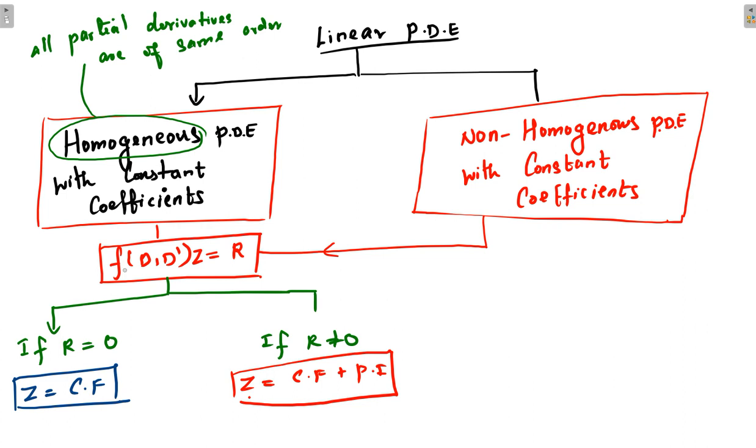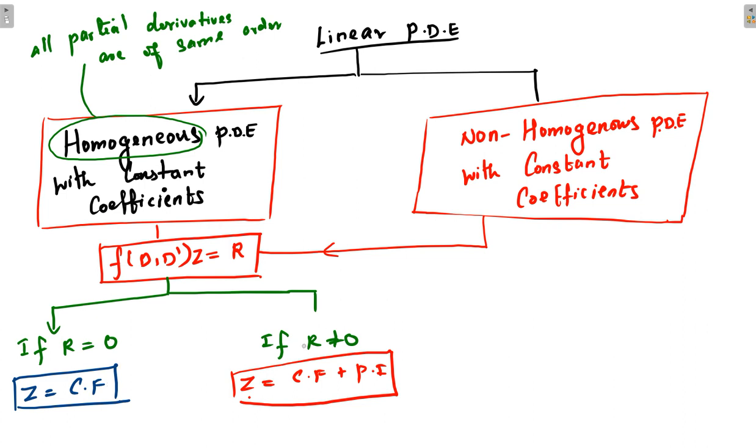So consider the partial differential equation f of D comma D dash into z equals R. Suppose the right hand side R is equal to 0, then the solution for this partial differential equation is z equal to complementary function.